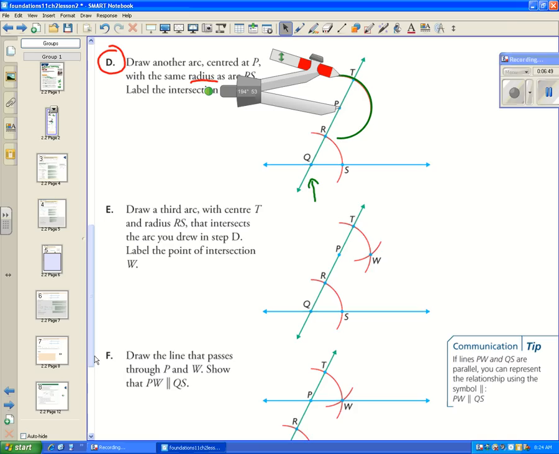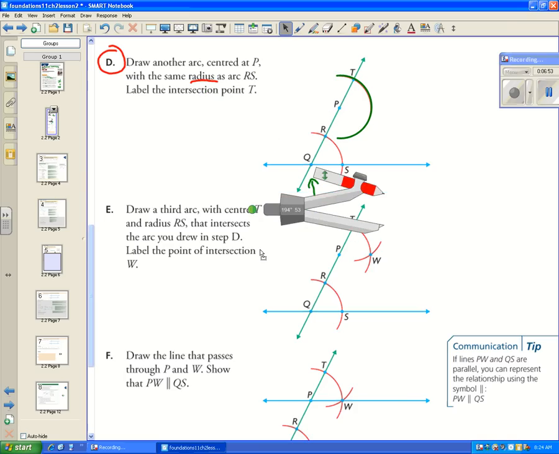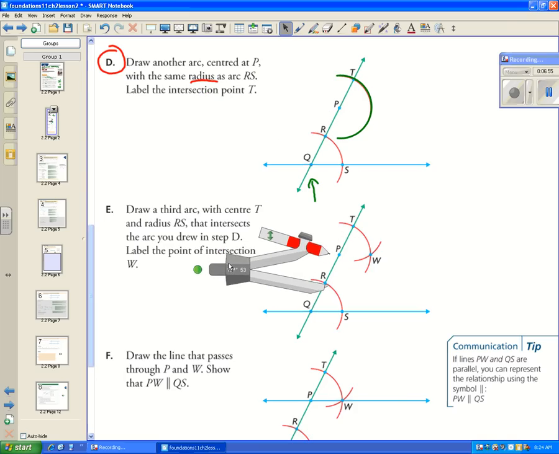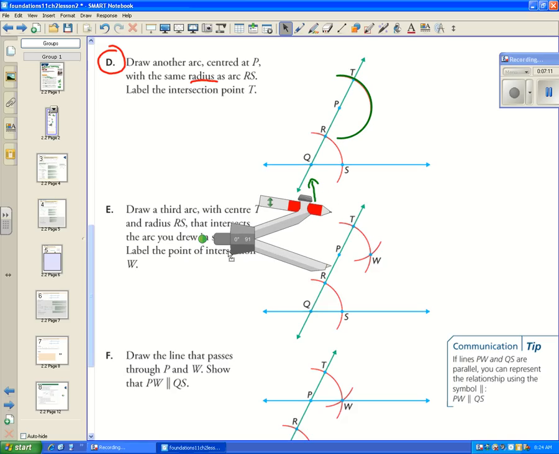So our radius is R to S, so we have to come onto our diagram here. We have to put on R. First of all, I want to rotate this. Will you let me rotate? No. Oh, I bet this will let me do it.